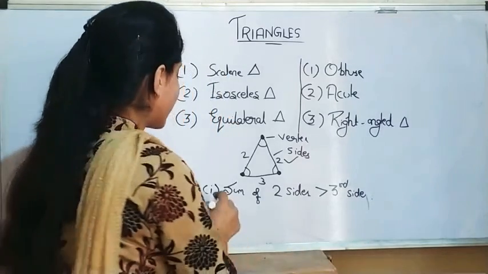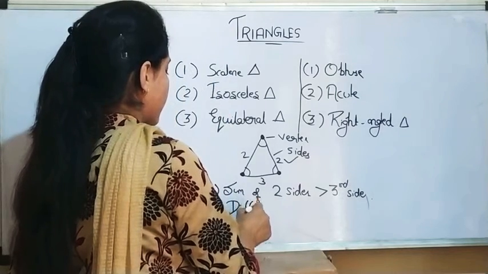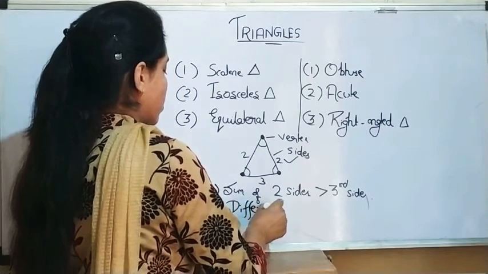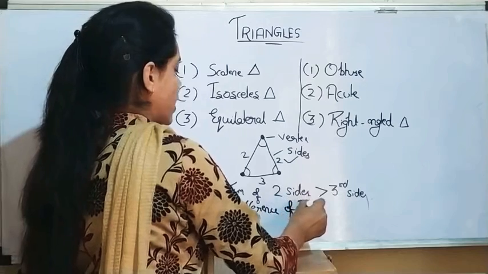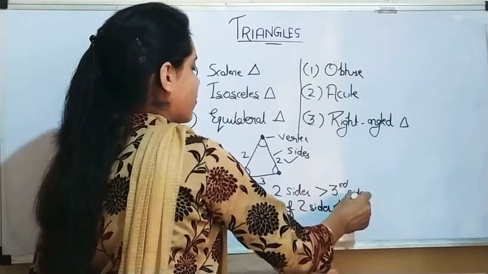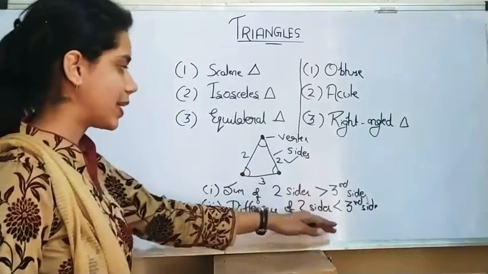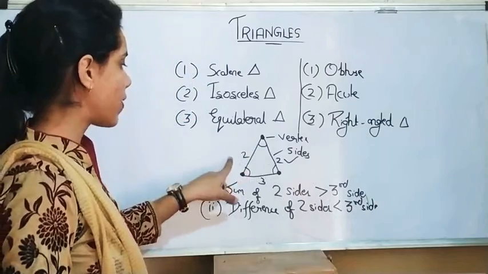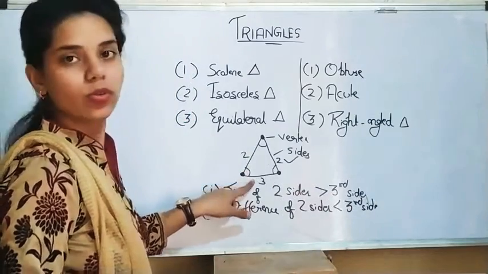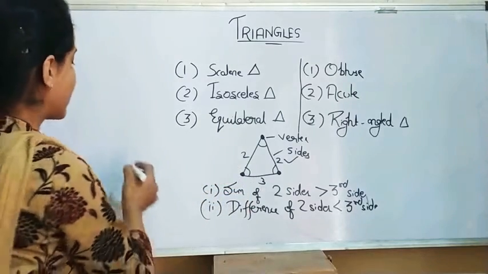The second property is the difference of two sides. The difference of two sides is less than the third side. It means if I take the difference of any two sides, that will be less than the third side. Suppose I take this 3 and 2, so 3 minus 2 is 1, so 1 is less than 2.